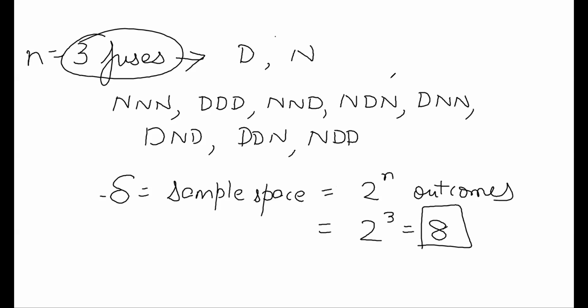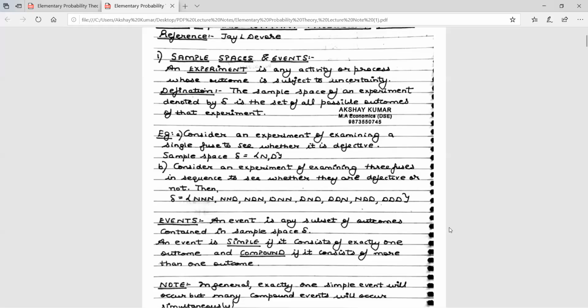I hope all students are clear with this. So till now, what have we done? I'm quickly revising. We have done what is meant by an experiment, any activity or process whose outcome is subject to uncertainty. What is meant by sample space? Sample space of an experiment includes the set of all possible outcomes of that experiment.